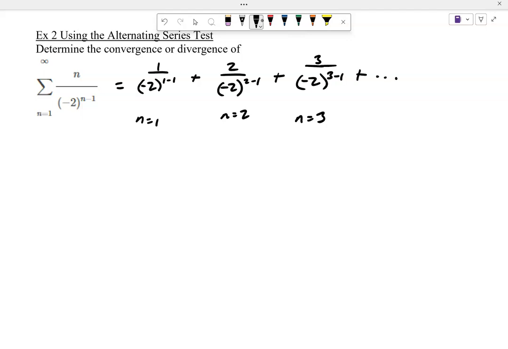And hopefully you can see it does alternate signs, doesn't it? So it goes from a positive to a negative to a positive and so on.